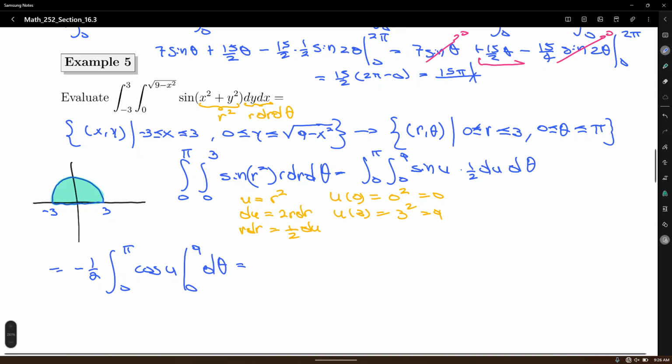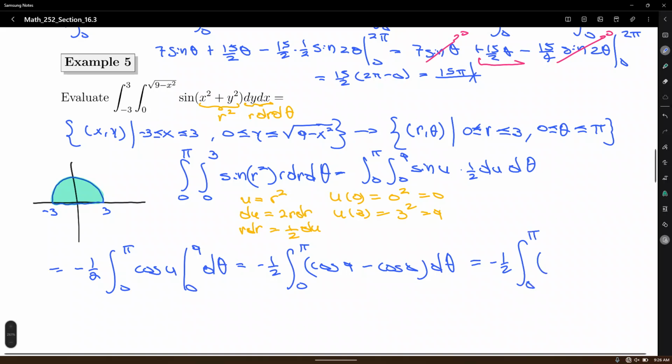So upper limit minus lower limit, that is negative 1/2 integral from 0 to pi of cosine 9 minus cosine 0 d theta. In this case, cosine 9 is not one of those exact values that we know from the unit circle, so just leave it as cosine 9. However, cosine 0 is. So this will be negative 1/2 times the integral from 0 to pi.